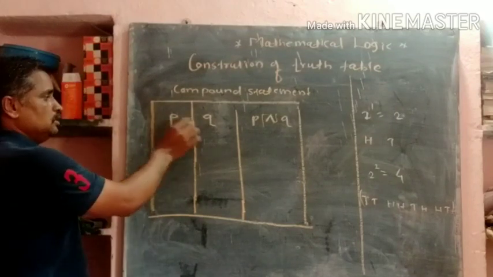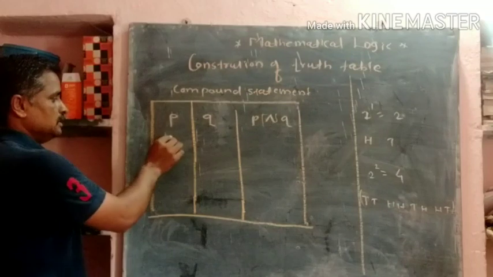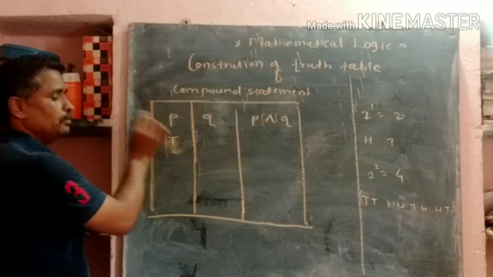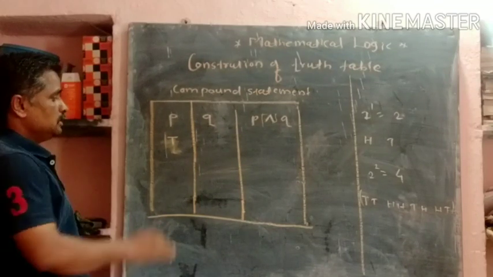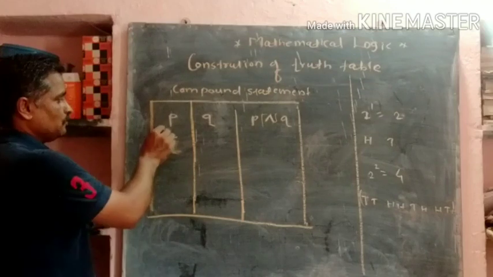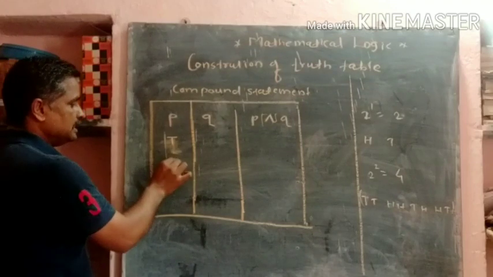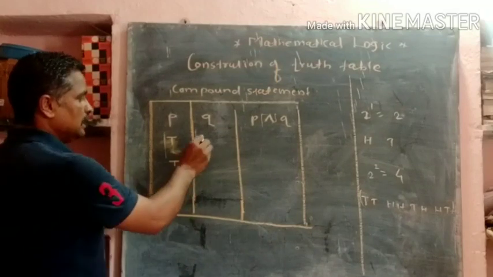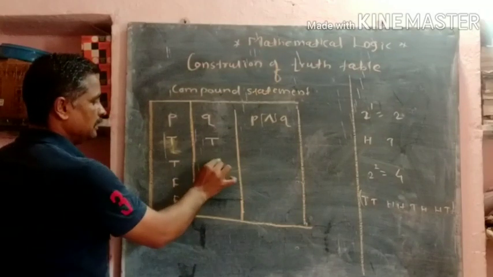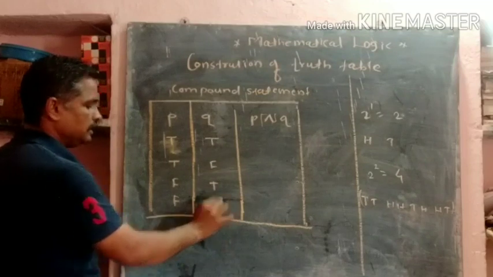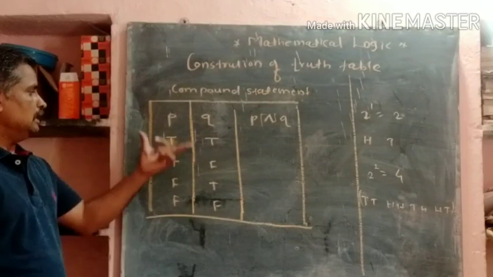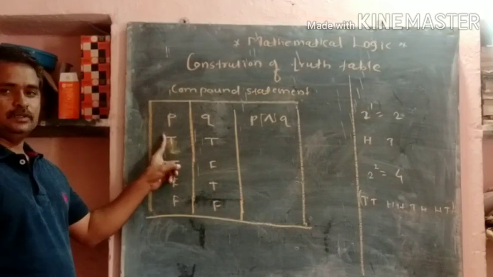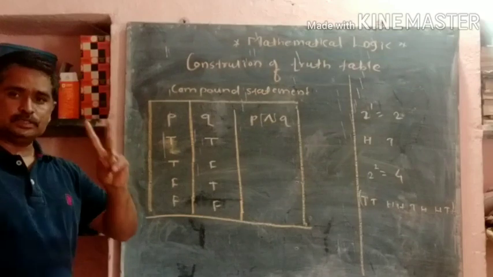With two statements, the possibilities of their truth values are: first column P as T, T, F, F, and Q as T, F, T, F. Always write it this way when we have two statements.